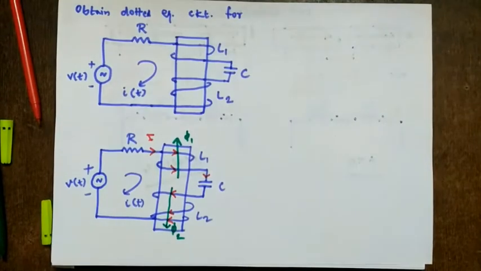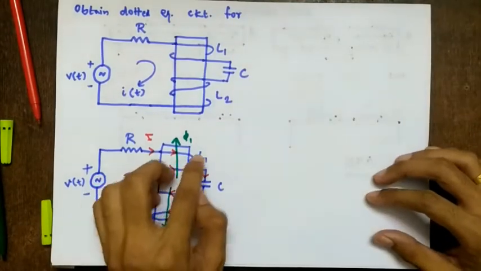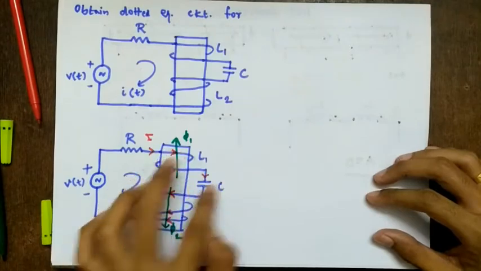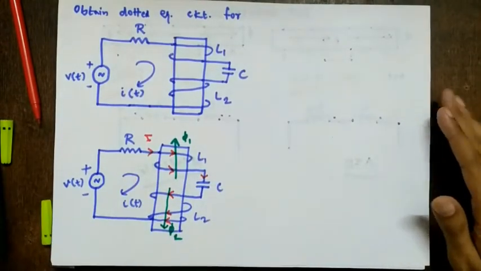So we'll redraw the network, but with modeling this coil as an inductor, this as a capacitor, and this as an inductor, and then we'll give the dot convention.